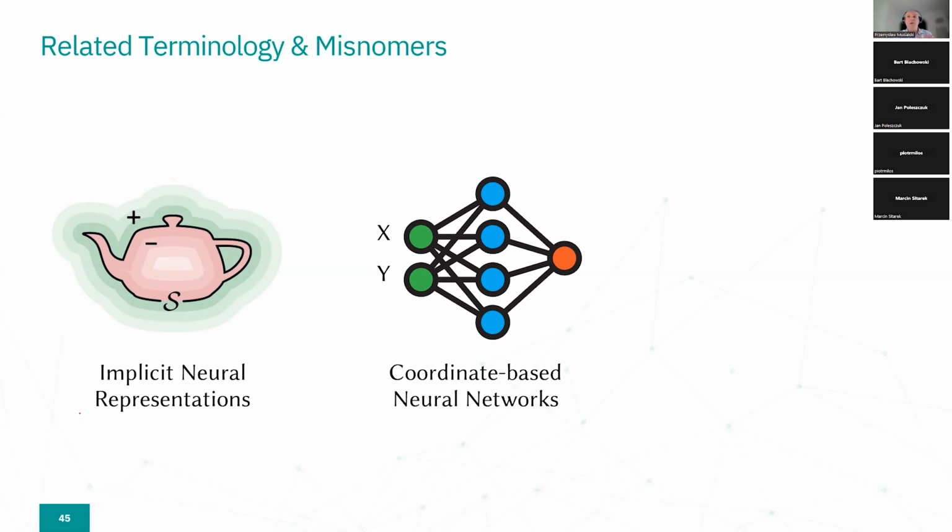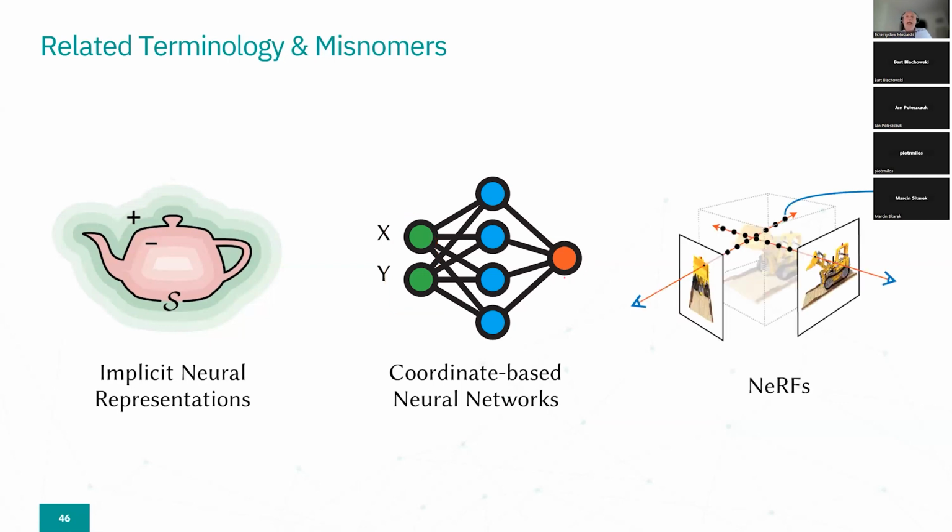So the input is not fixed. The input is just a point from the function, and the output is also a single output corresponding to that point of that function, which also means when you train that network, you can treat it as the function itself. It's a replacement for your function. And that's why they're called coordinate-based networks. And often they are now called also NeRFs.